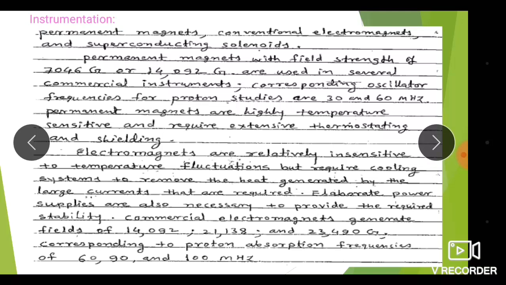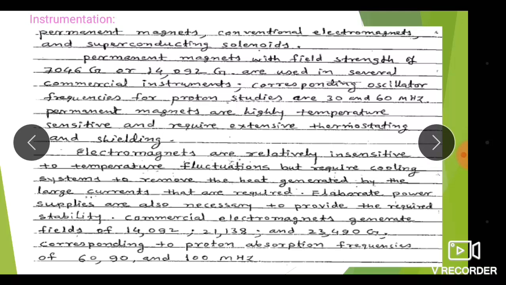Permanent magnets with field strengths of 7046 gauss or 14,092 gauss are used in several commercial instruments. The corresponding oscillator frequencies for proton studies are 30 and 60 megahertz.